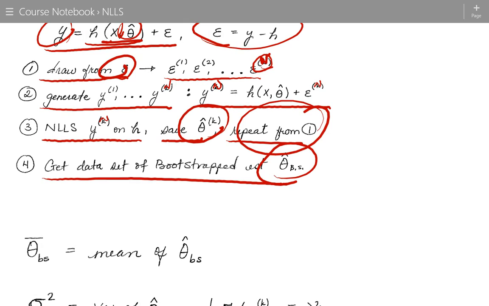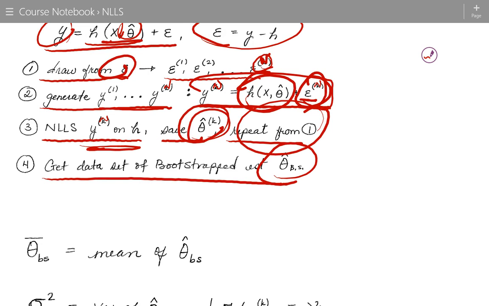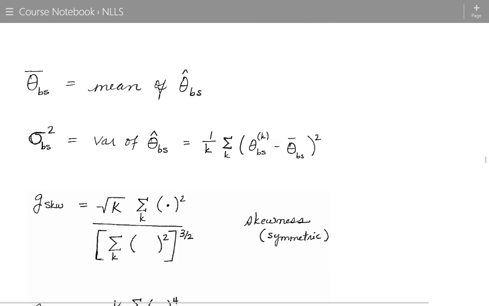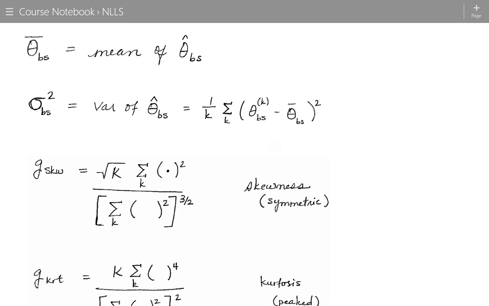And then you generate your new y by the equation where you have this already calculated, and you are going to add these residuals to it. Then you run your nonlinear least squares estimator again, and you get your estimates, and you save them for the number of bootstrap draws that you did.